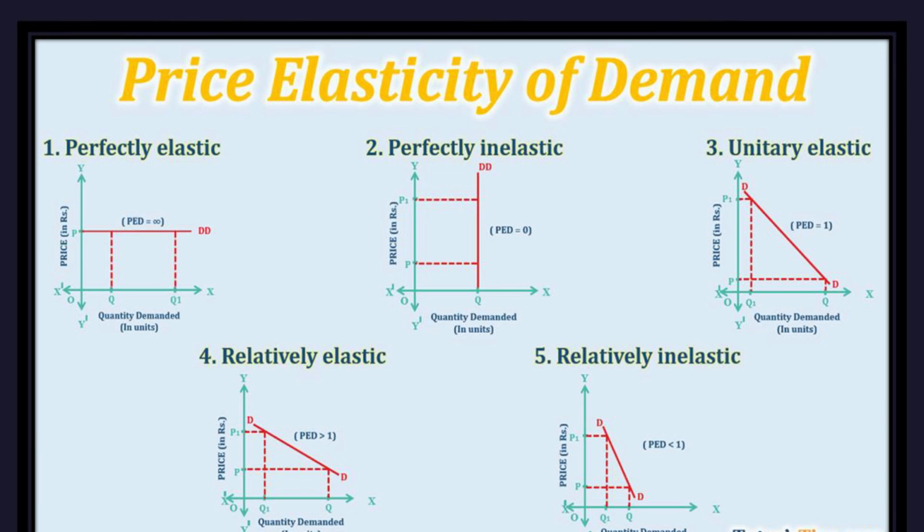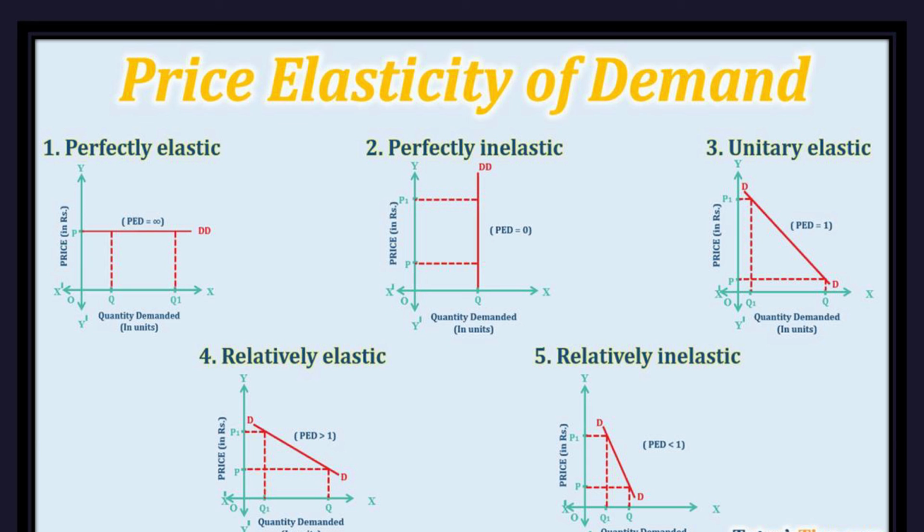Now let us sum up the price elasticity of demand. The very first we discussed was perfectly elastic, where your demand curve is horizontal, a line parallel to the x-axis, having infinity as the price elasticity of demand. Next we discussed perfectly inelastic, where the price elasticity of demand is equal to 0.